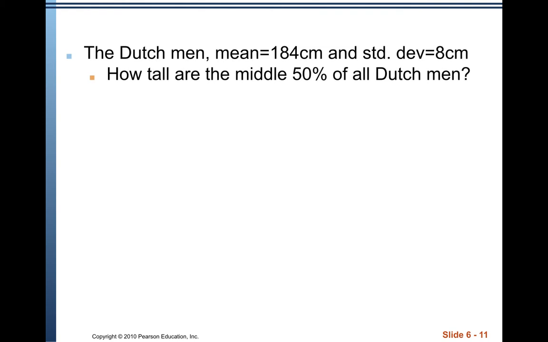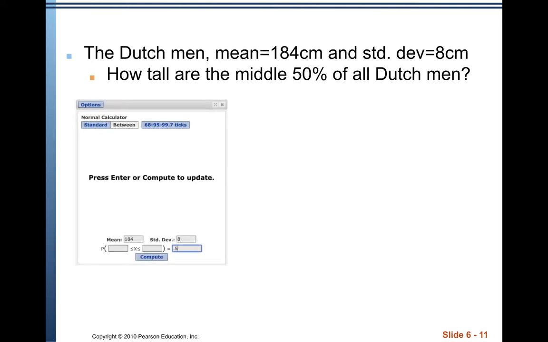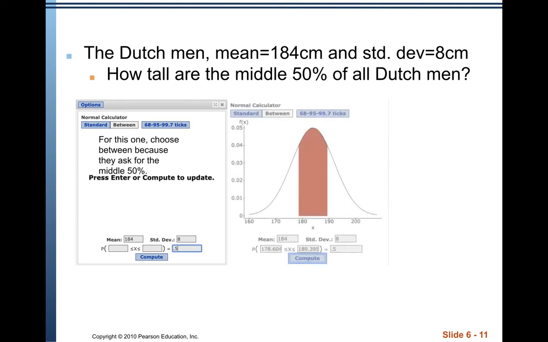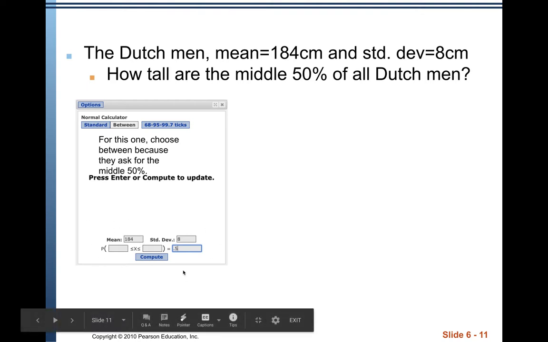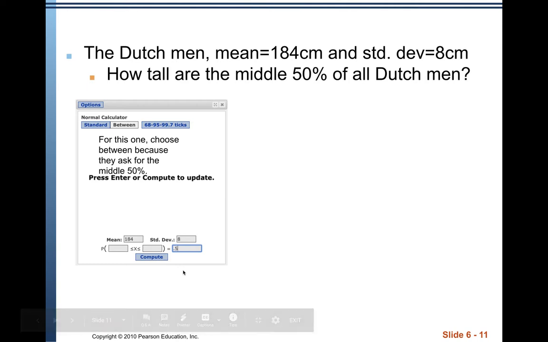Last example. How tall are the middle 50% of all Dutchmen? Just like before, because it's asking about the middle 50%, I have to click on the tab that says between. So for this one, I'm going to choose between.